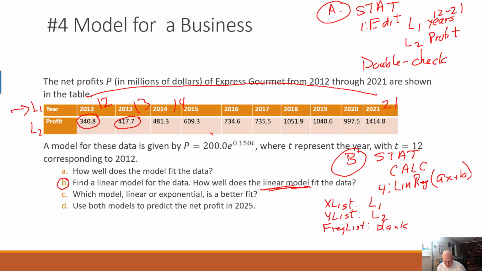If it's not, just clear it out. And store regression equation, you don't actually need to put anything there. I think I'm going to leave it at that to keep it from becoming more complicated.